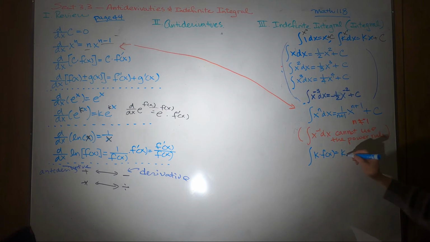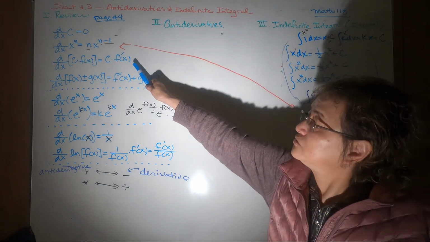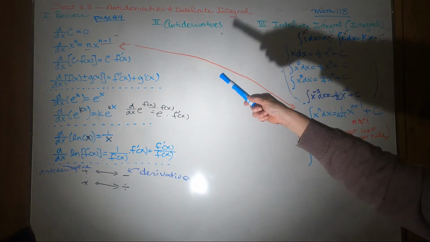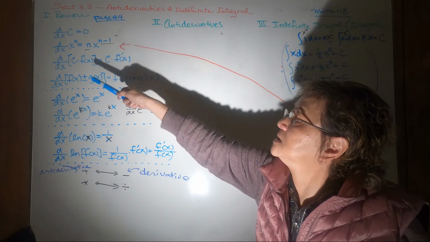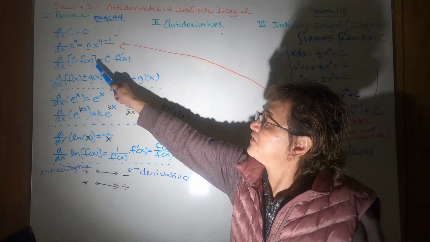You take the k out, then do the integral of f of x dx. I should have dx here as well. This is the constant multiple rule. It's like the derivative: if you have a constant before the derivative, you can take the constant out, then take the derivative of f of x.